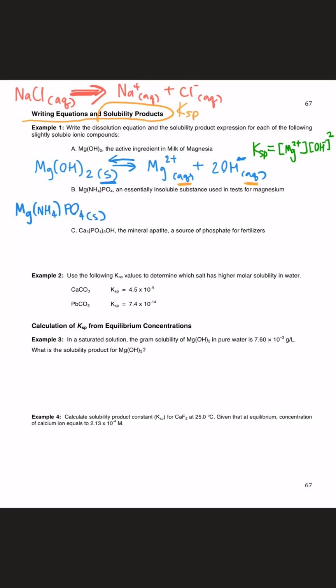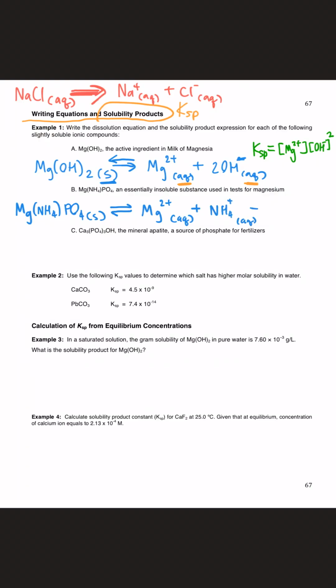The ionic compound magnesium ammonium phosphate, when dissolved in water, undergoes a reversible reaction to produce magnesium 2 plus ion. The compound also contains the ammonium polyatomic ion, so you also need to dissociate that into ammonium ions.